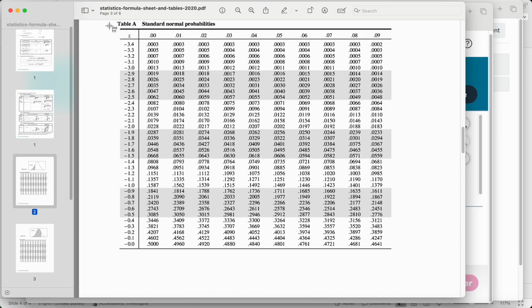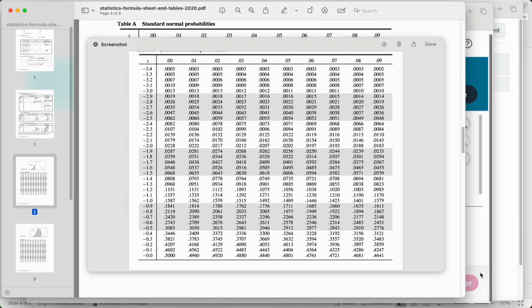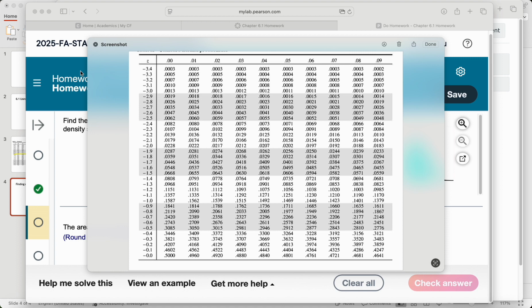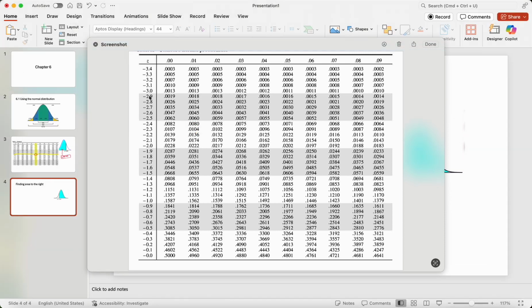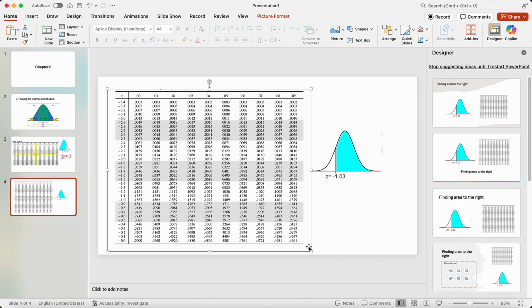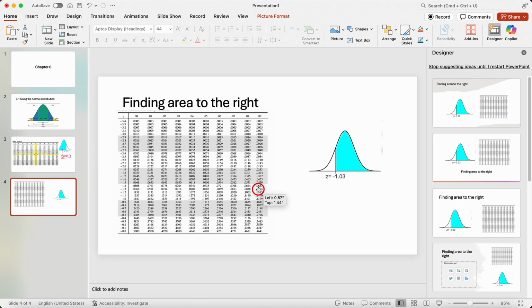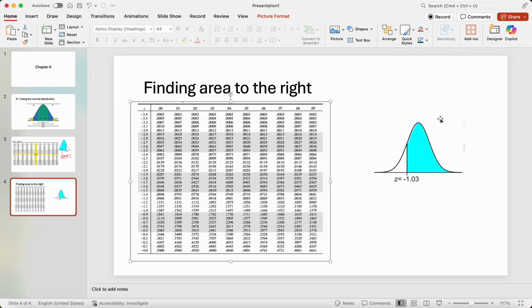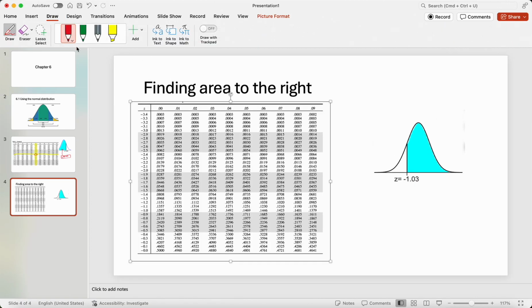Now it's a bummer because the negative 1 is kind of far away, but I want to get the whole table so we can really see what's going on there. But I will have to kind of shrink it down. There we go. So the idea is, there's my negative 1.03.